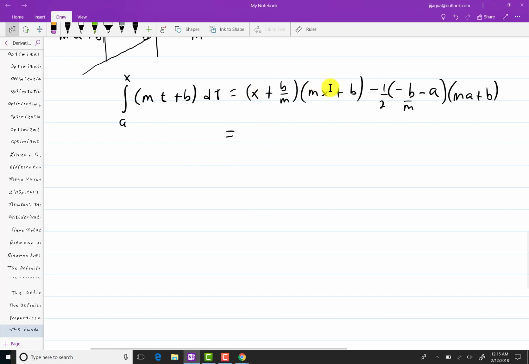I'll do x times mx, that'll be mx squared. I have x times b, so I have plus bx. And then I have b over m times mx, which will be plus bx again. And then I have plus b squared over m.